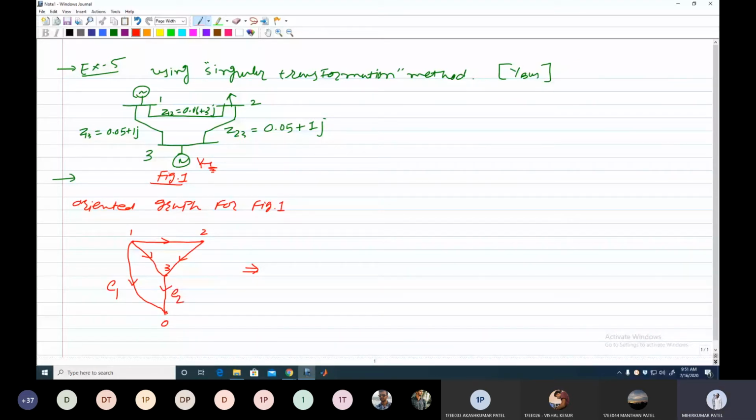Now 0 is finished. Now we move to the next node, node 1. Again 1 to 2, it is E3. 1 to 3, it is E4. Now we move to node number 2, and 2 to 3 is E5. Clear?